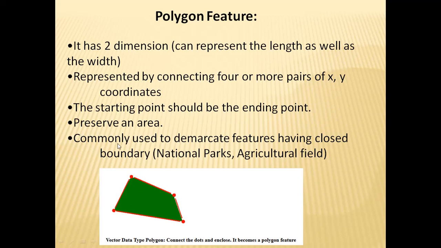It is commonly used to digitize features that have a closed boundary, like national parks, agriculture fields, forest area, water body. If you close this boundary, it gives the polygon. Polygon always gives the area. Linear features always give the distance. Point features always give the single feature. This is point, line, polygon.